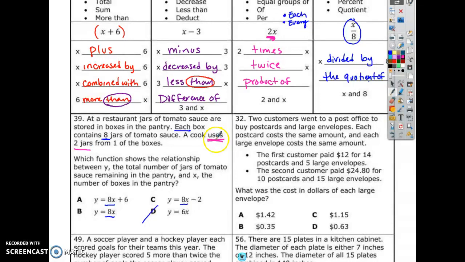What does the word use mean? Are you adding, subtracting, multiplying, or dividing? Subtracting, estás usando, so it's subtract, take away, estás quitando. So the answer is C. Each box has 8, and you use 2. So 8x minus 2.